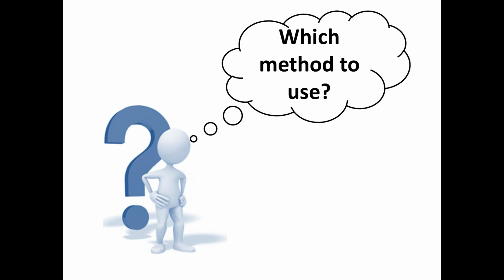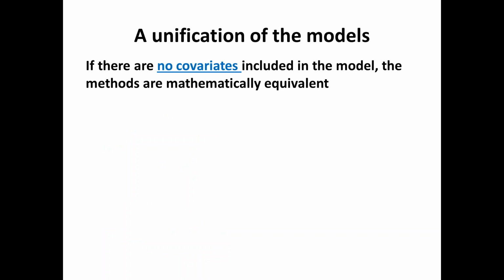So the question then that reviewers often have is, which method should I use? Because you've got this option of the HSROC model or the bivariate model. Well, actually, if there are no covariates in the model, the methods are mathematically equivalent.